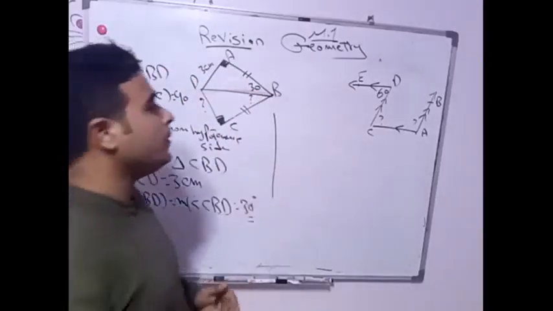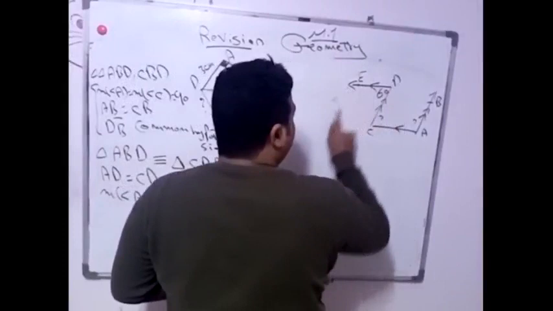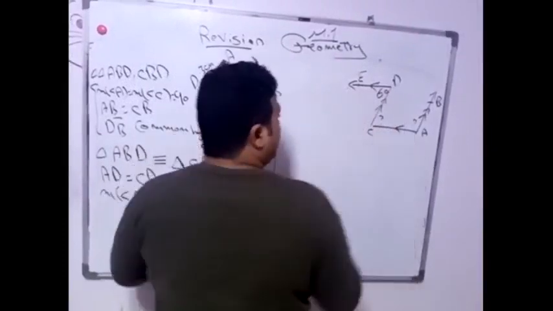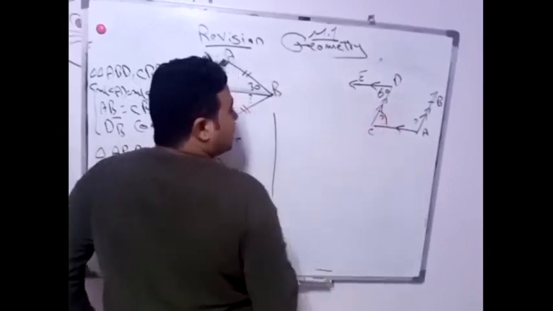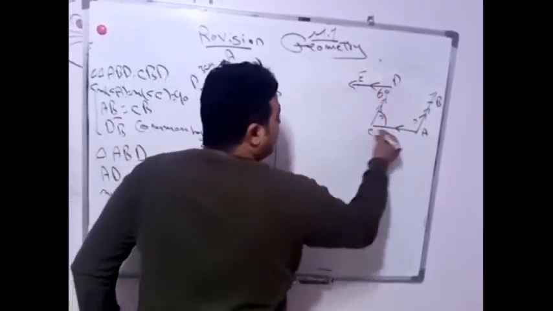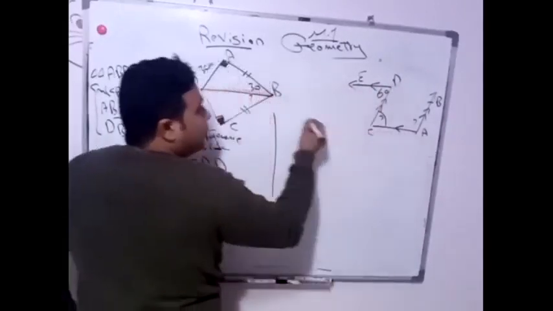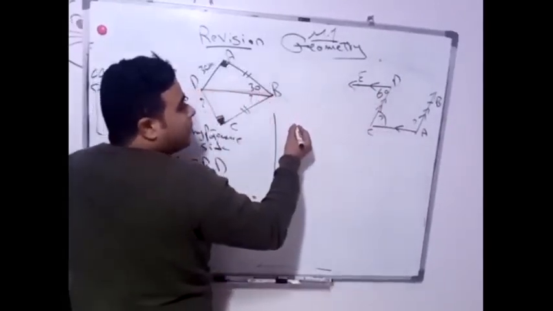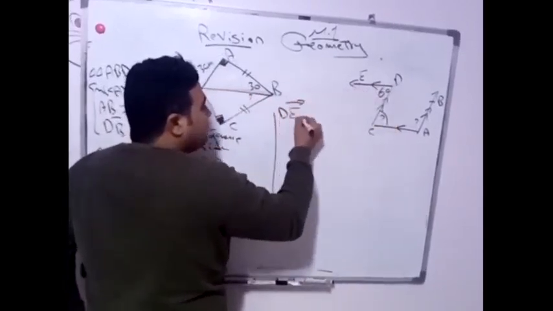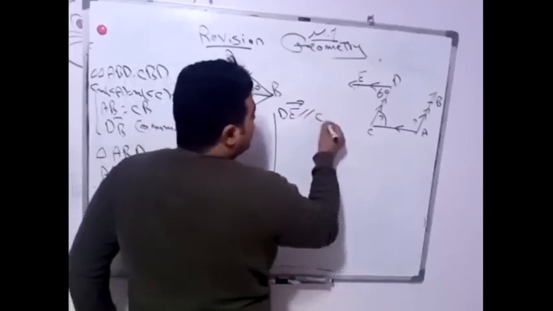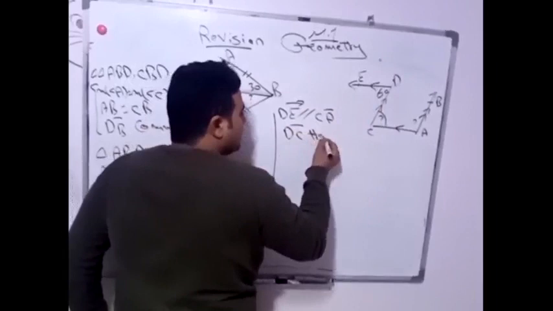My question now: here we have parallel lines, I have parallel in Z. I have DE parallel to AC, and I want to find angle C. The first step, look at DE parallel to CA, and DC transversal.